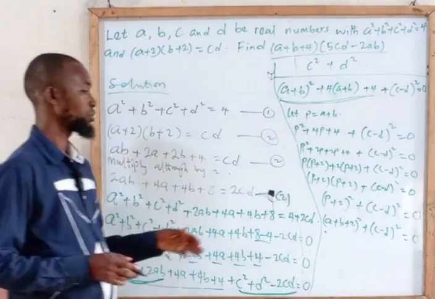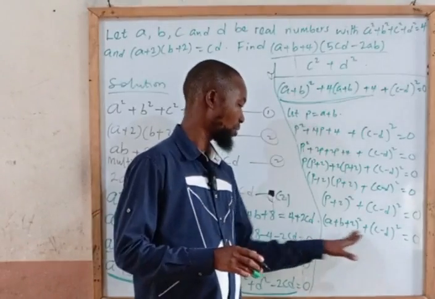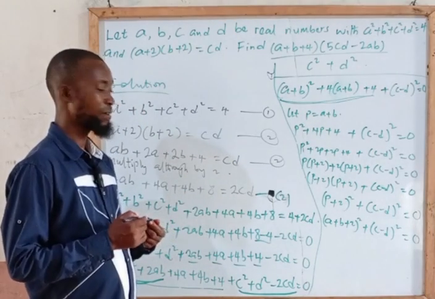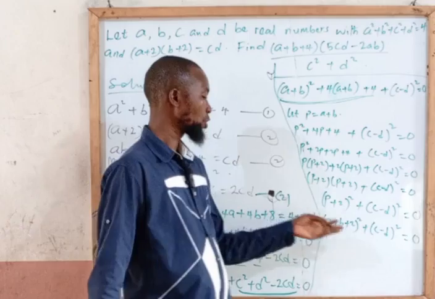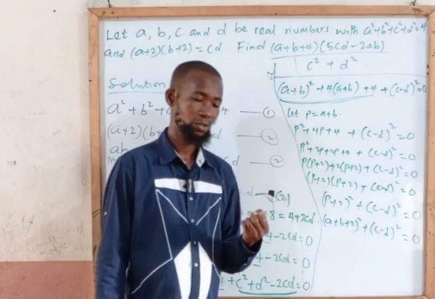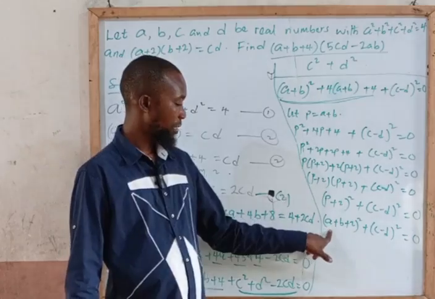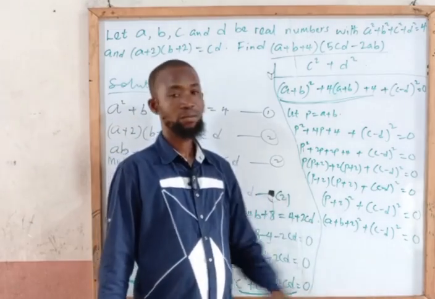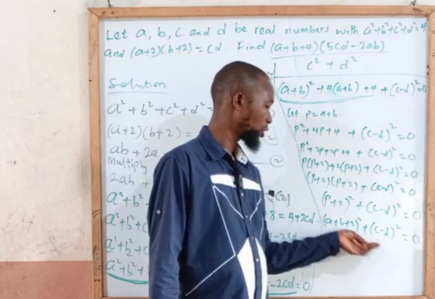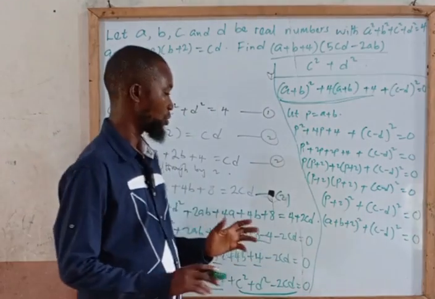To continue with this solution, we interpret what we have here. If we recall very well, the sum of squares of two numbers is equal to 0 only when the first number is 0 and the second number is 0.